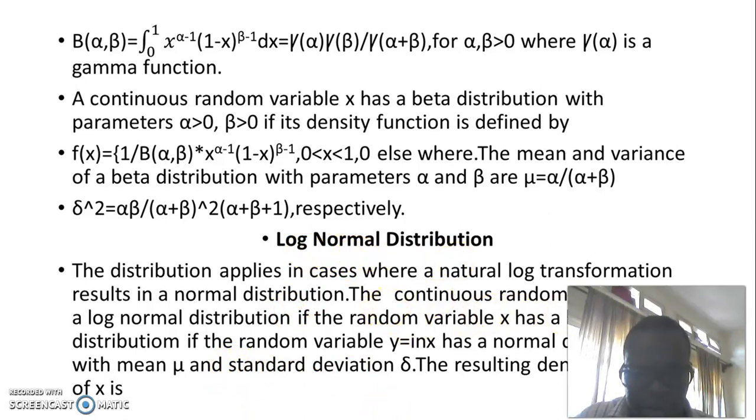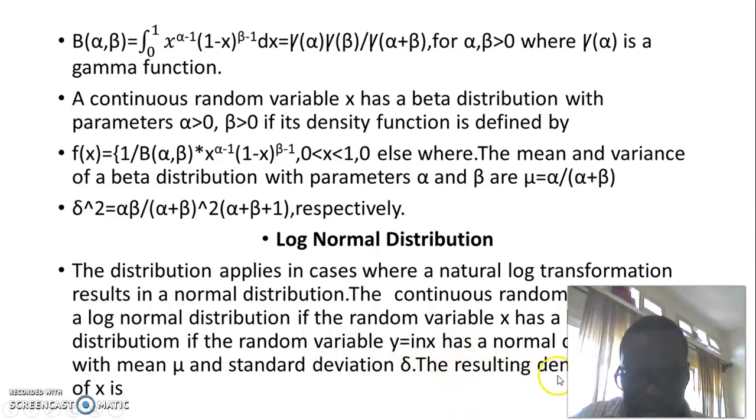The continuous random variable x has a log normal distribution if the random variable y equals ln x has a normal distribution with mean mu and standard deviation sigma. Remember, y is equal to ln of x, and this ln of x also follows a normal distribution with mean mu and standard deviation sigma. So if ln x is normally distributed, we say that the random variable has a log normal distribution.